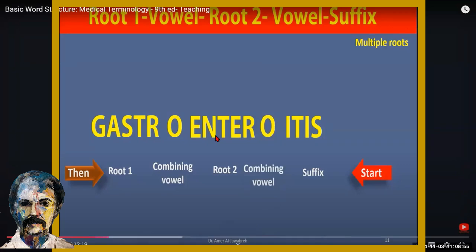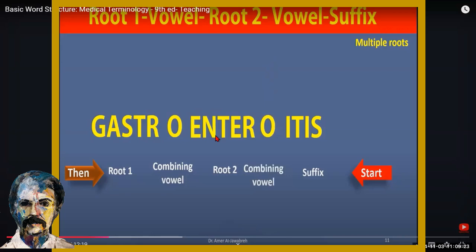We kept the O, but between entero and itis, we dropped the O. Here we kept the O, and here we dropped the O. Here we drop the O because it is a suffix that starts with a vowel, so we don't need the O. And we kept the O despite the entero starting with a vowel because both of them are roots. So with roots, we keep the vowel.